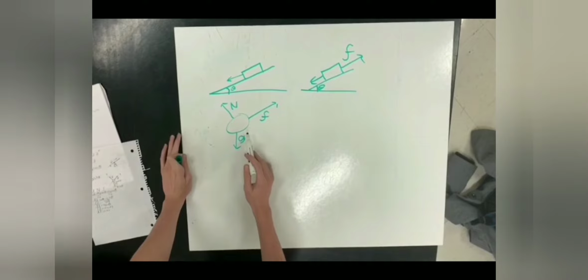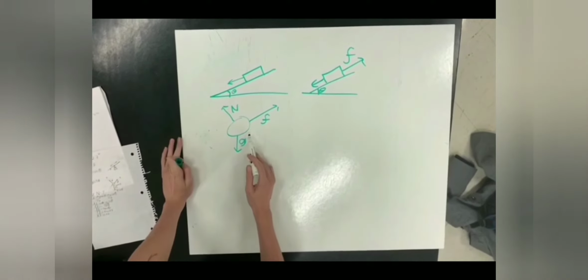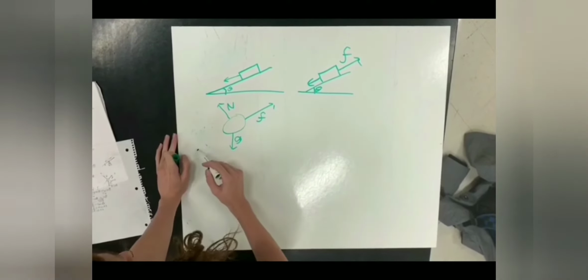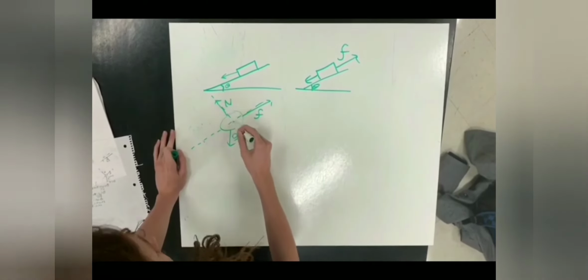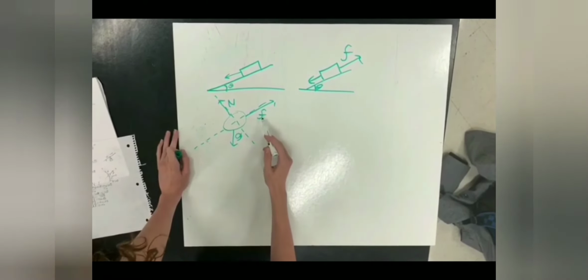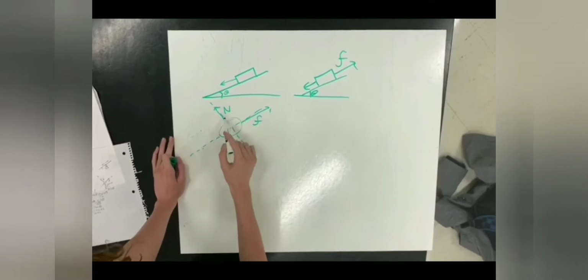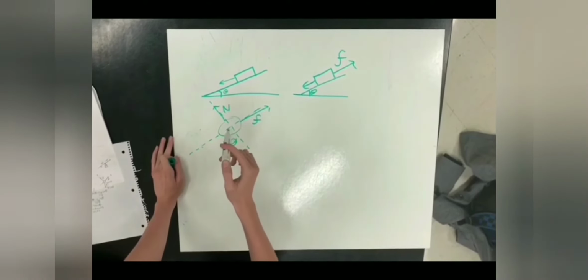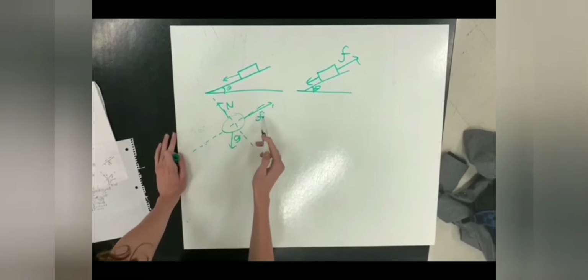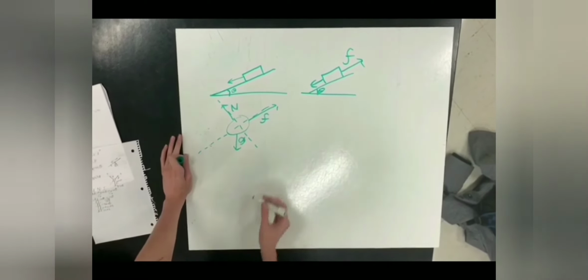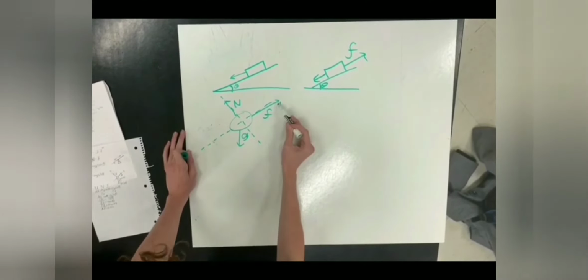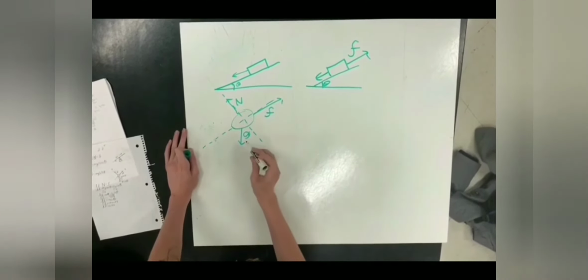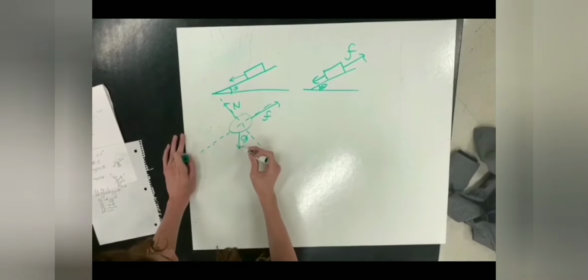So, in order to find the frictional force, we can draw a new axis with these x and y's because the normal force, by definition, is perpendicular to the frictional force, and we get the normal force is on the y-axis, the frictional force is on the x-axis, and the gravitational force is on both axes.